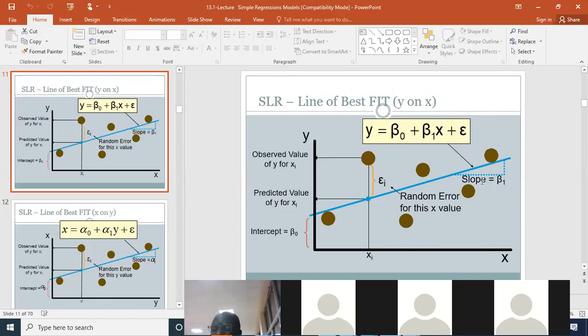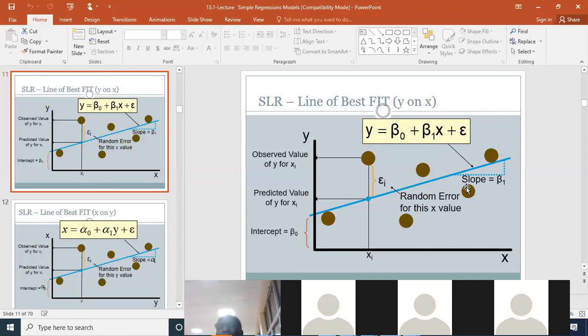The difference between this point and that line is the error term. If you had 10 points, not all of them lying on the line, then you'll be having 10 error terms.